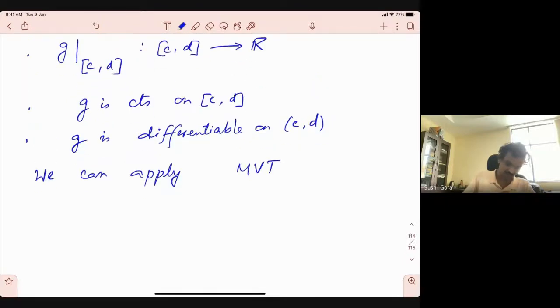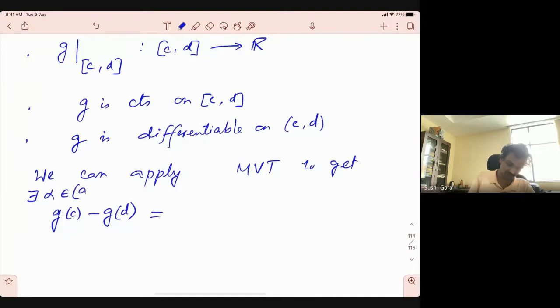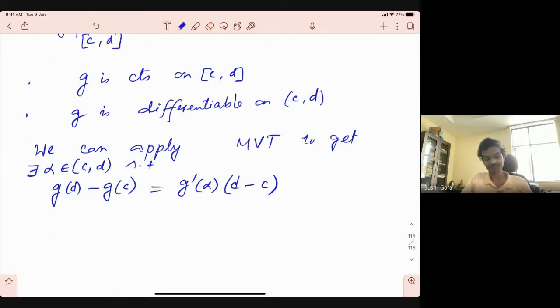So we can apply the mean value theorem to get G(C) minus G(D) equal to, so there exists a point alpha inside the interval CD such that G prime alpha times (D minus C). So this form you have actually seen.